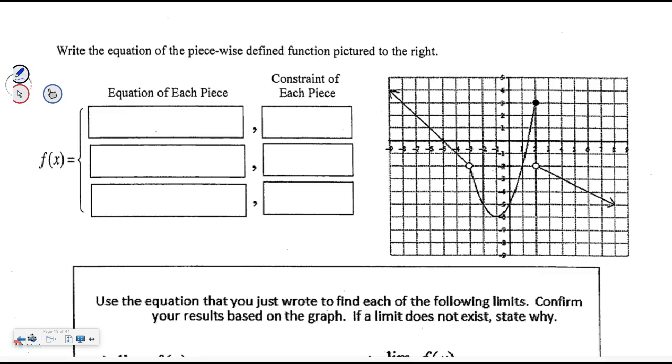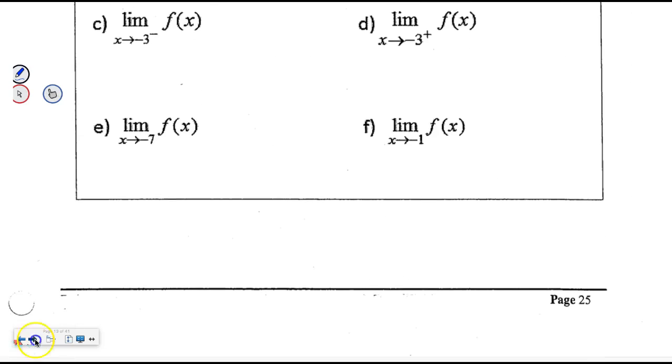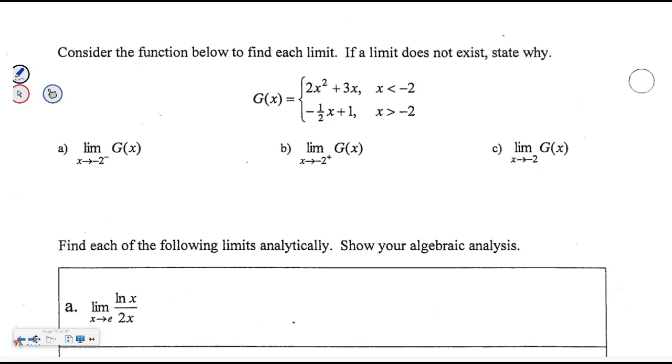Here we go. We're not going to do the piecewise because we've talked about that enough where we shouldn't have to. That's why I did piecewise early, so you had a good concept of them. So we should be able to just move to this page. So first up, I am supposed to take the limit as x approaches -2 from the left. Which piece of the piecewise will that be, top or bottom? The left of -2.